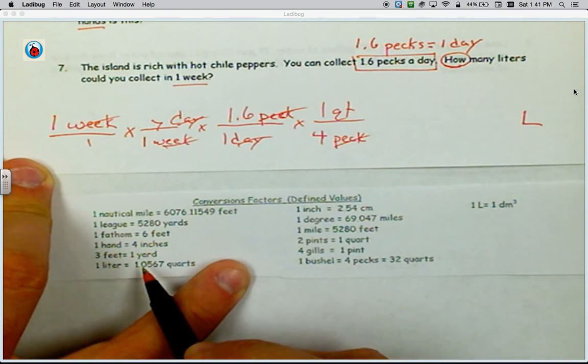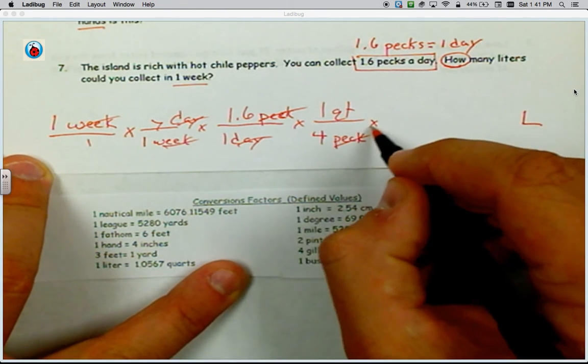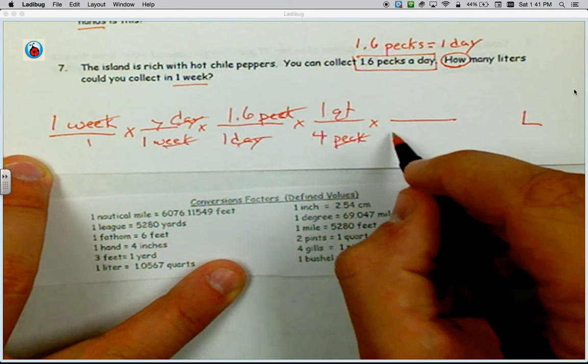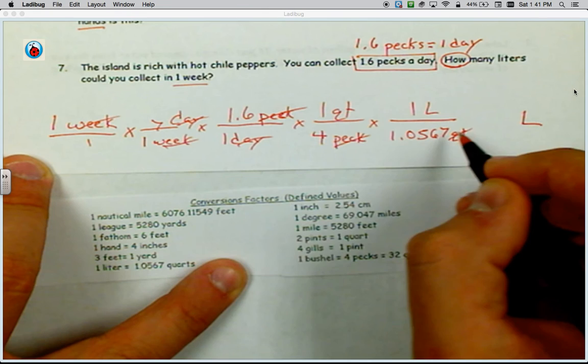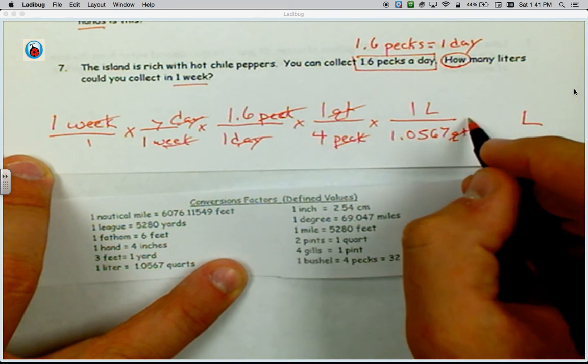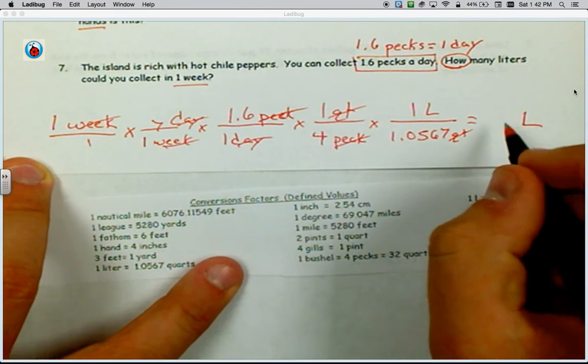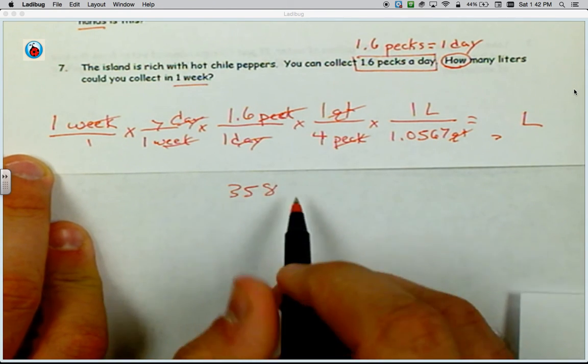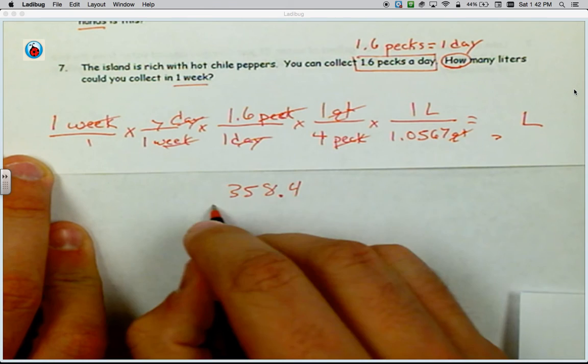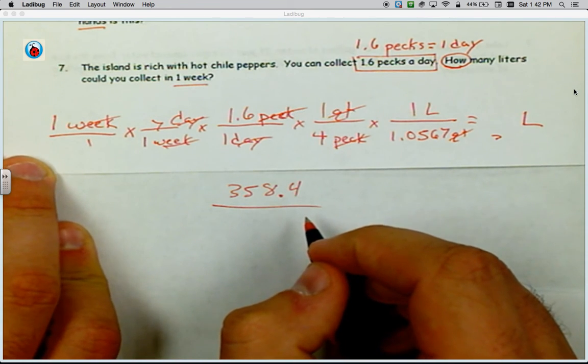This number of quarts is equal to 1 liter. Quarts cancel. We're into liters. Multiply the top. We get 358.4. I hope you're verifying these to make sure that you're getting the same numbers that I am.